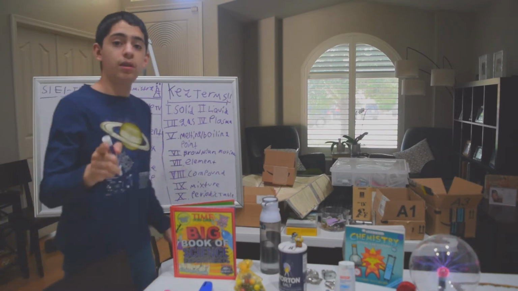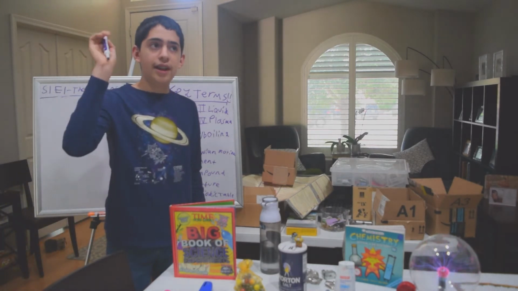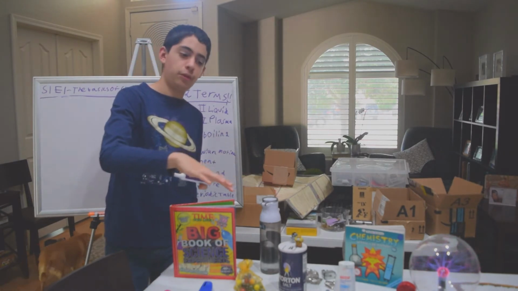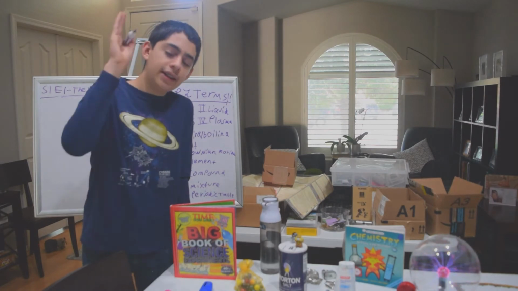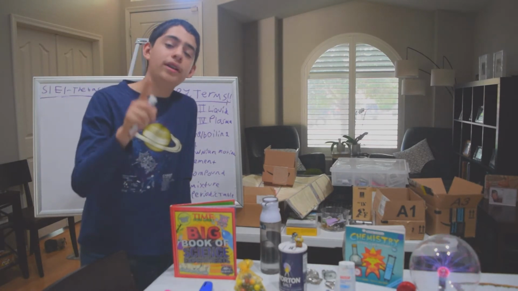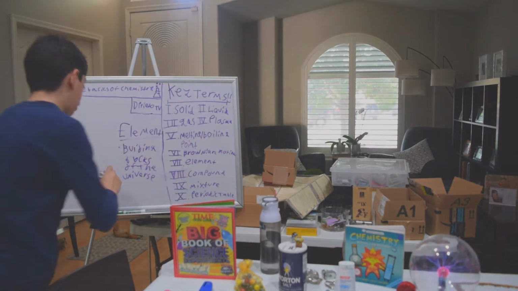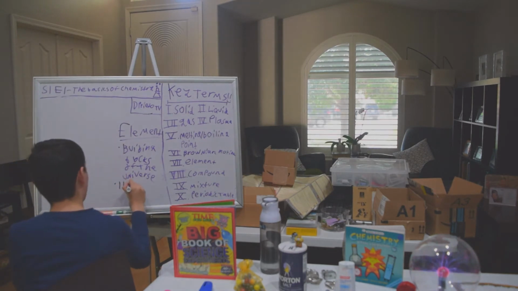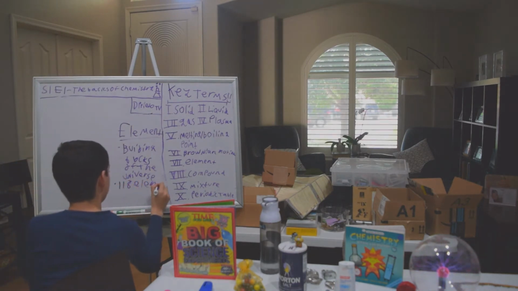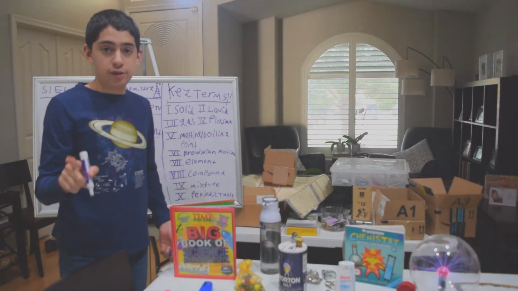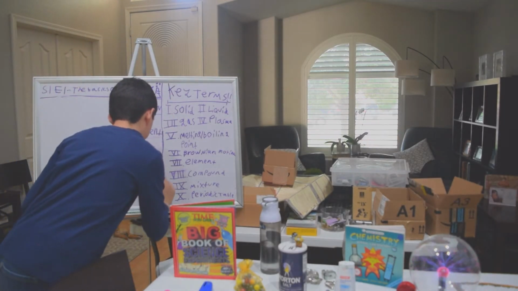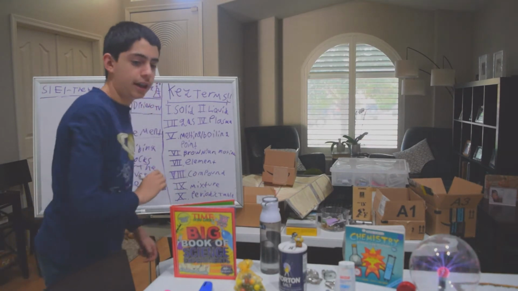Every single solid, liquid, and gas that you see, except for the non-artificial ones, which we'll get to later, has one of these elements. And it's not just one element out there. There are 118 elements known to man, of which only 92 occur naturally.